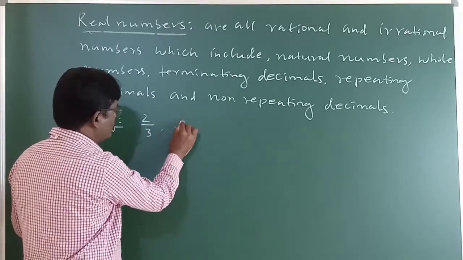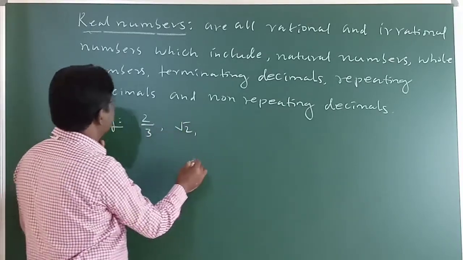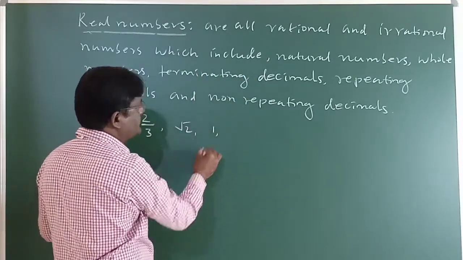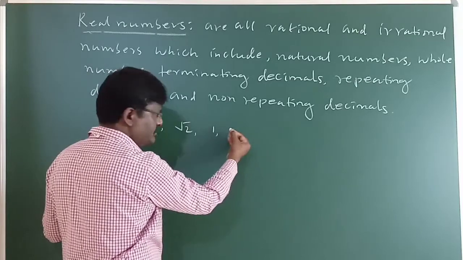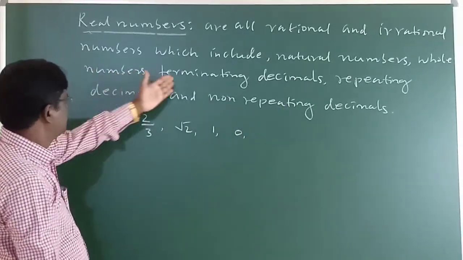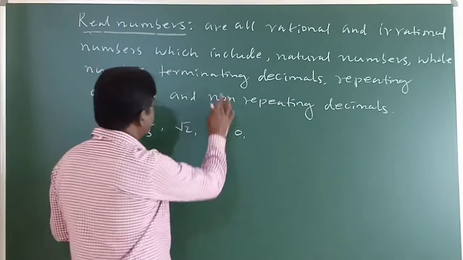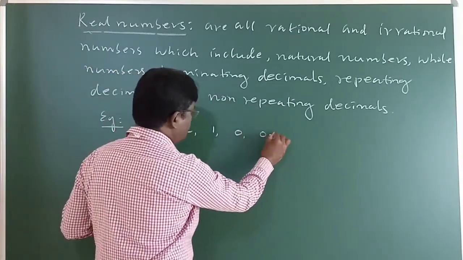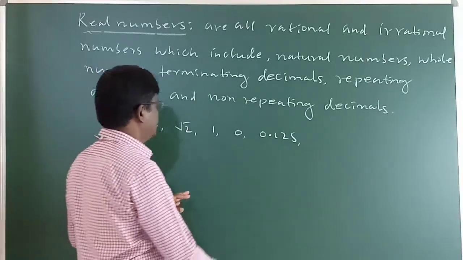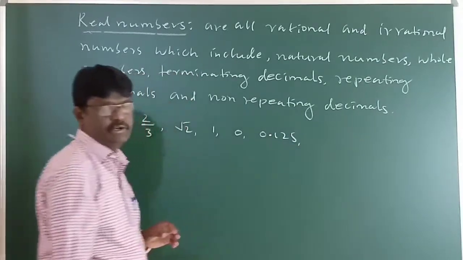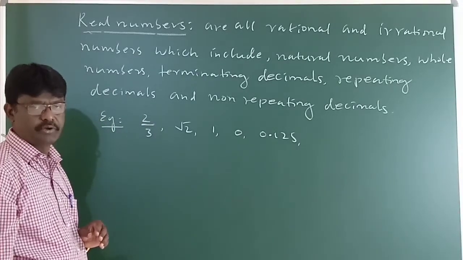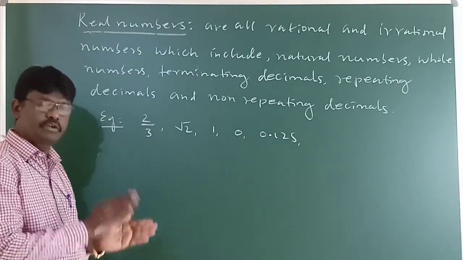Irrational, root 2. Natural numbers we know, and whole numbers are nothing but 0, 1, 2, 3 and so on. Terminating decimals, 0.125, next non-terminating and so on. All these we call real numbers.